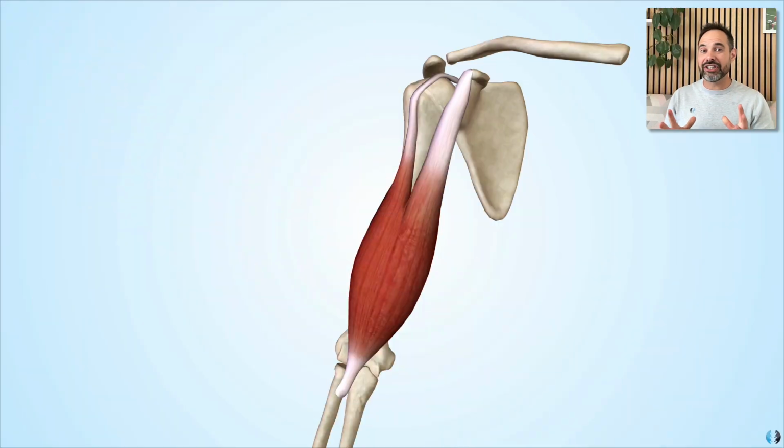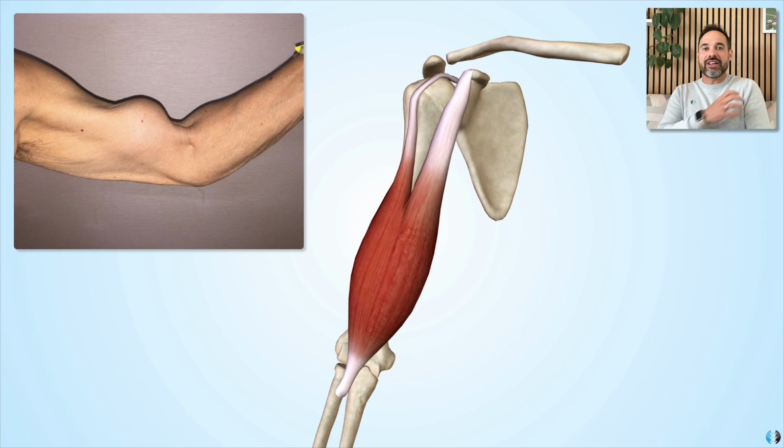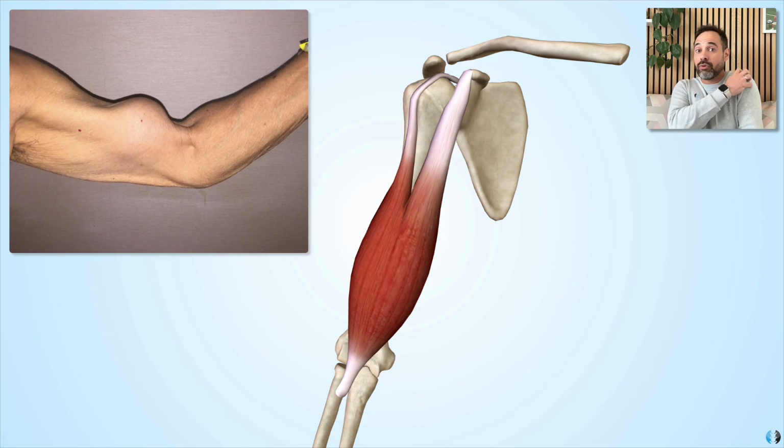Now, the other conditions that you might well see, including the biceps brachii, is tendon ruptures. You may well see that when a patient has a long head of biceps tendon rupture, including a trauma, that the muscle belly falls distally towards its distal point. This is referred to as Popeye's sign, where you see the muscle belly fall from its proximal point to a more distal point because it's lost one of those key proximal fixed points where it attaches to the scapula.